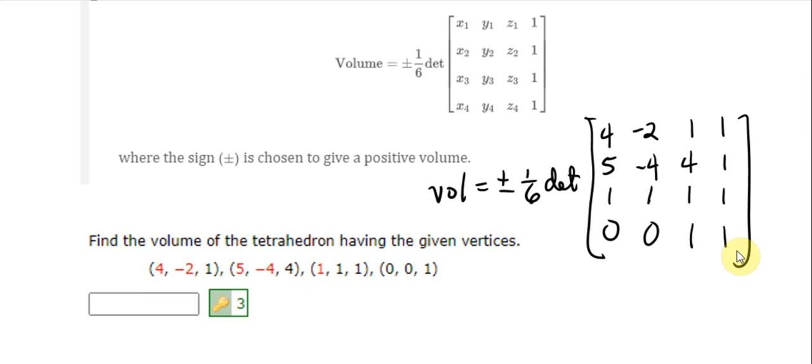My calculator gave me -3, but it tells us that the sign plus or minus is chosen to give a positive volume, right? So this comes out to be -3, but you take the volume to be 3.